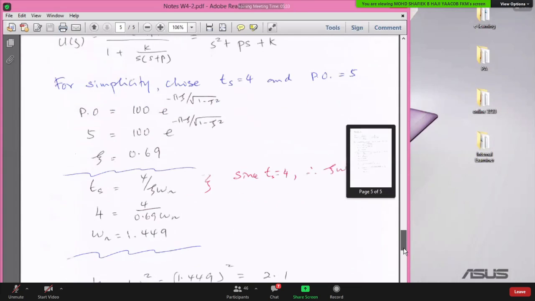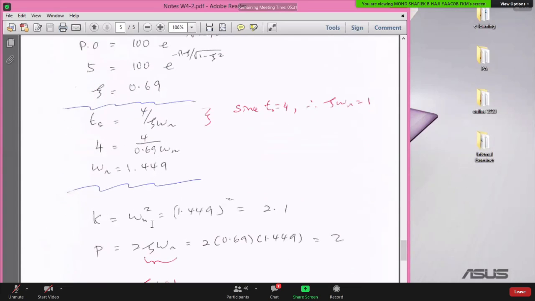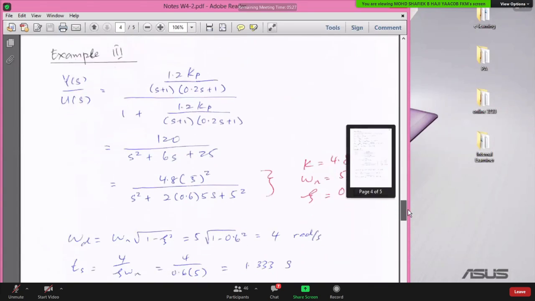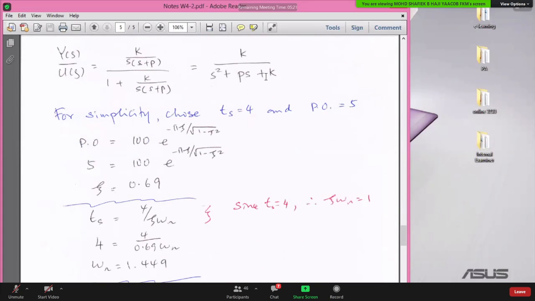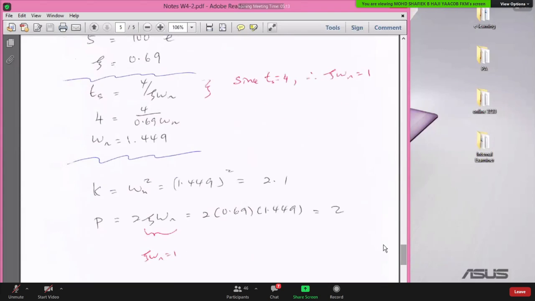You can now solve for K and P. From here you know that K is equal to omega n squared, and 2 zeta omega n is equal to P. So K is equal to omega n squared, P is equal to 2 zeta omega n, and then you get the value of K and the value of P. Incidentally, zeta omega n is equal to 1, and 1 multiplied by 2 is equal to 2.